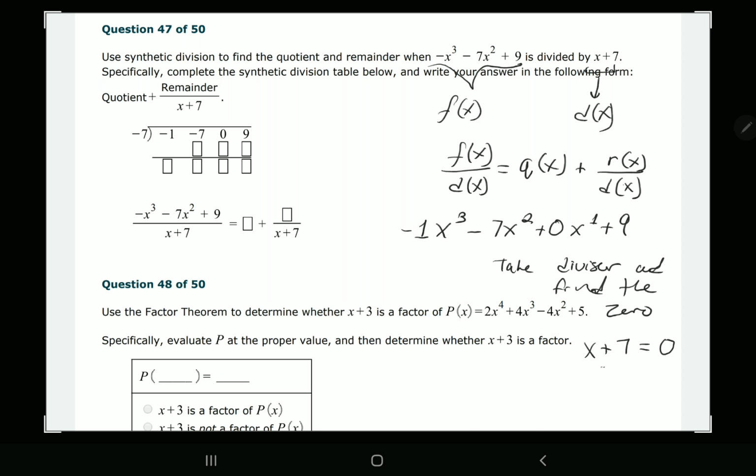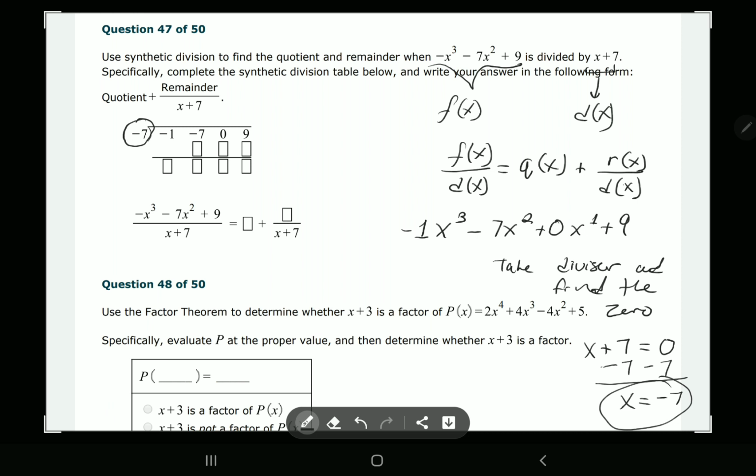When I do that, I subtract 7 from both sides. x equals negative 7, and that negative 7 is the 0 of my divisor, because if I plug negative 7 into my divisor, negative 7 plus 7 is 0. Once I find the 0 of my divisor, I'm going to place that right here. That's why there's a negative 7 on the outside of my long division symbol.